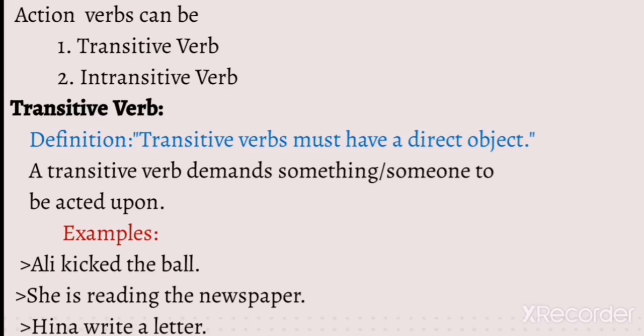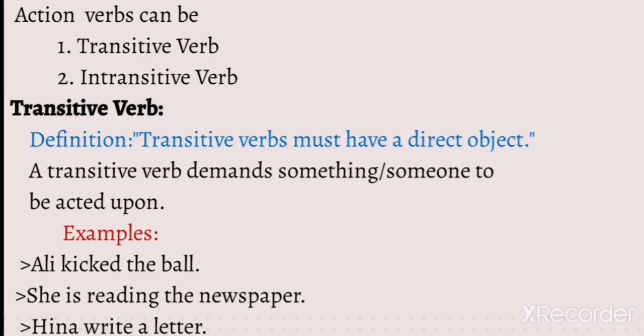Ali kicked the ball. Ali as subject, kicked as verb, and the ball is the object. Ali is the doer of action, kicked. The ball is the receiver of action, kicked.